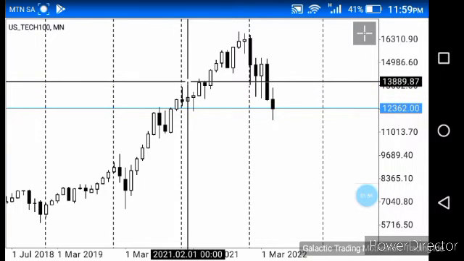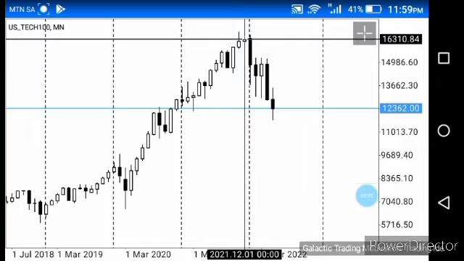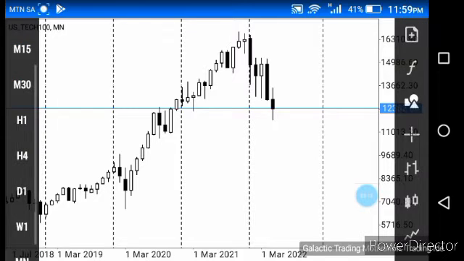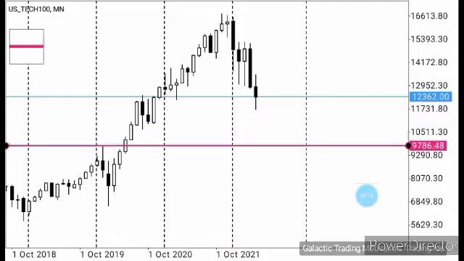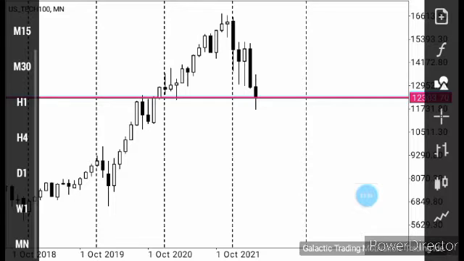Price went up to this point and came back to retest that area, which is now support, and then we saw price going back up again. And quite recently, it came back to retest the very same area that I'm talking about. I'm just going to add a line to this area so that you can see exactly what it is that I'm talking about.